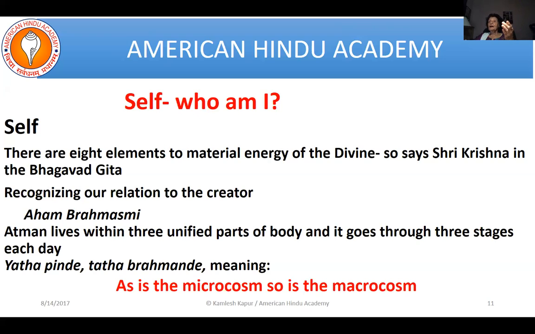So, Aham Brahmasmi, I am part of Brahma. And we say, just as is my body, so is the entire universe. So we say, Yatha Pinde, body, Tatha, same way, Brahmande. Brahmand is all the universes together. So, as is the microcosm, so is the macrocosm.